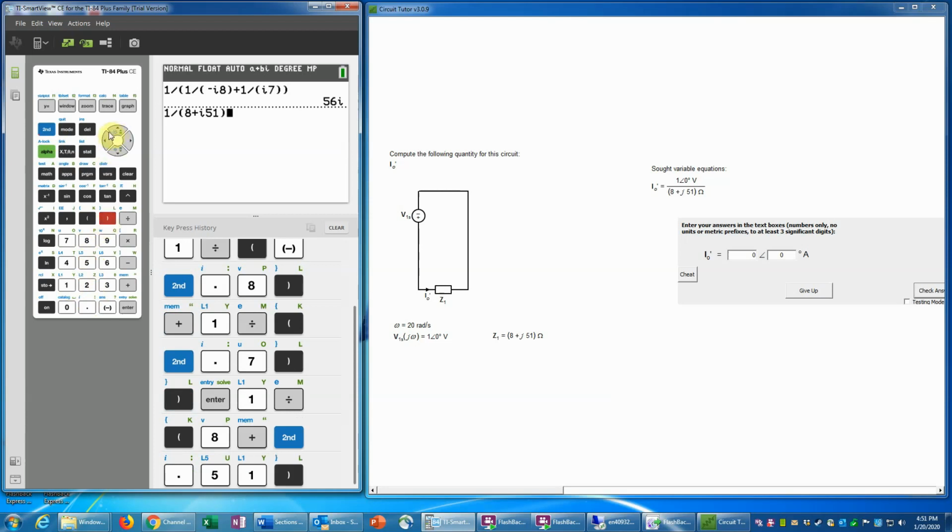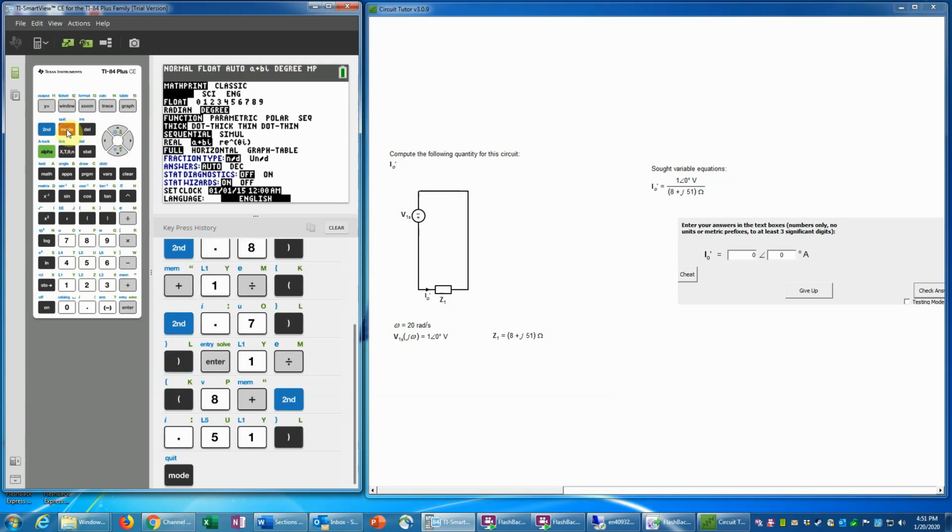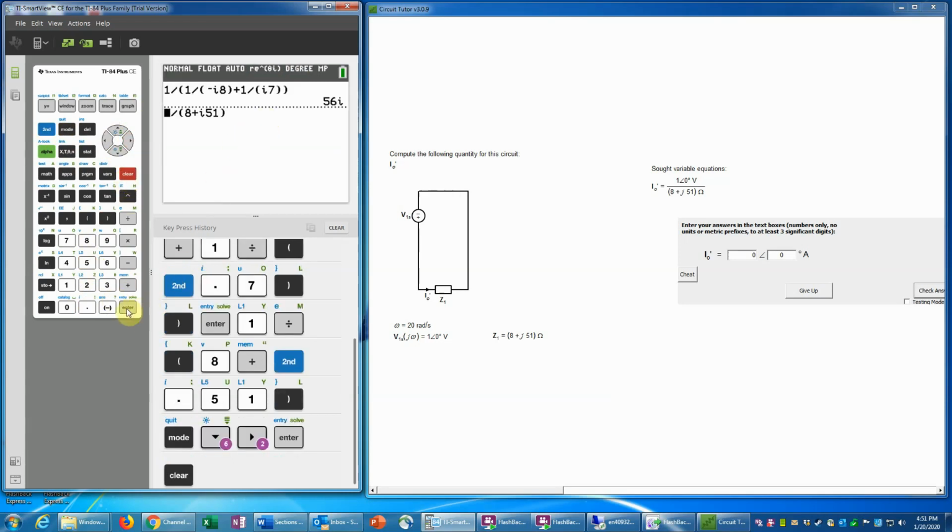And again, I want this now in polar form, and I'm actually in rectangular form. So before I click enter there, I'm just going to save myself a little extra trouble and go and change the mode right away. Since I want my number in polar form, it's best to change that mode before I do anything else. So I'll enter there and clear. And now I can just enter this and get the answer directly in polar form.